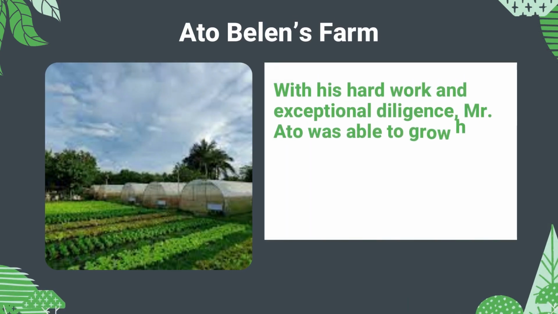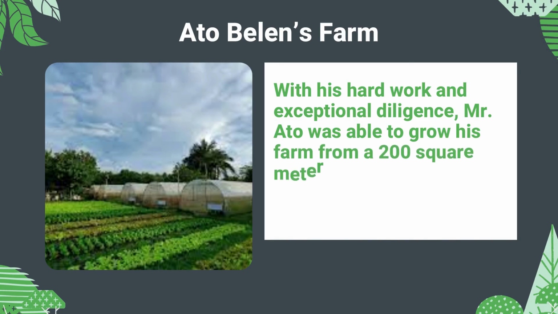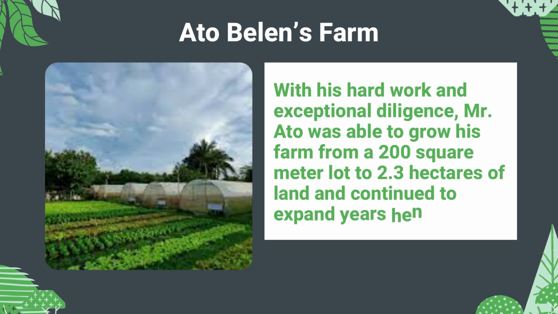With his hard work and exceptional diligence, Mr. Ato was able to grow his farm from a 200 square meter lot to 2.3 hectares of land and continued to expand in the years hence.